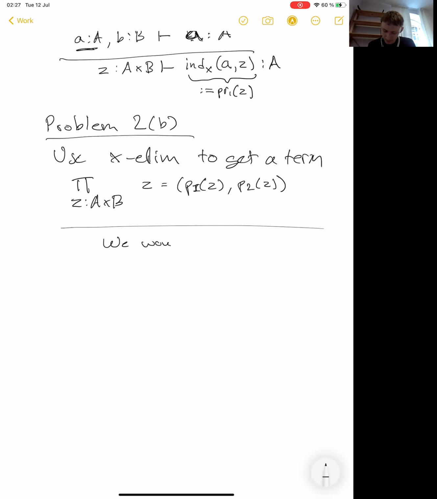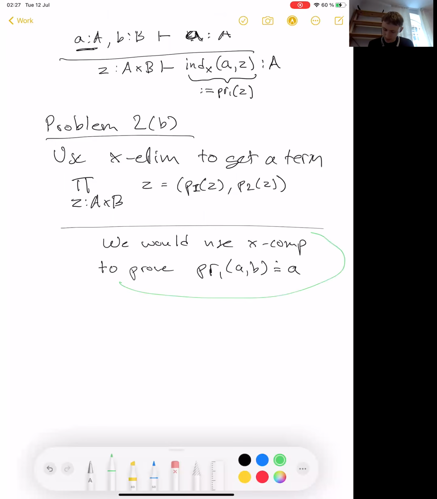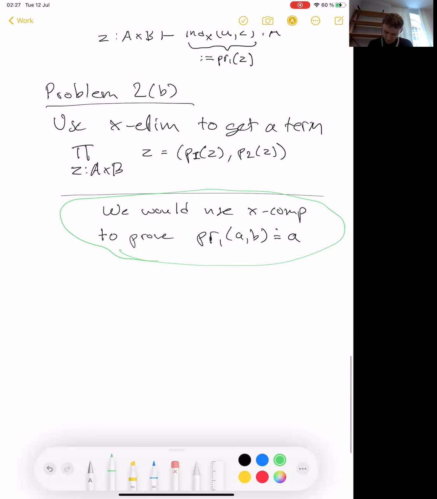We would use XComp to prove PR1 of AB equals A. Actually, this is a definitional equality even. So it's definitionally equal to A. And that's precisely right. This is precisely the approach that we're going to use.